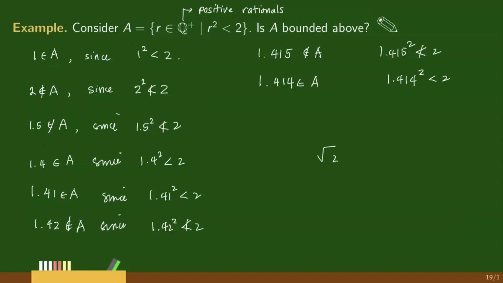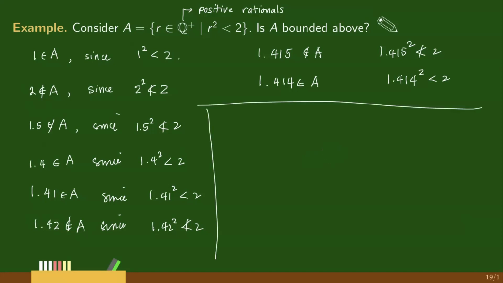Alam niyo ba, yung ginagawa natin is an algorithm how to approximate the square root of 2. Pero of course, hindi ko sasabihin sa inyo. But sagutin muna natin yung tanong na to bago tayo magpunta sa square root of 2.